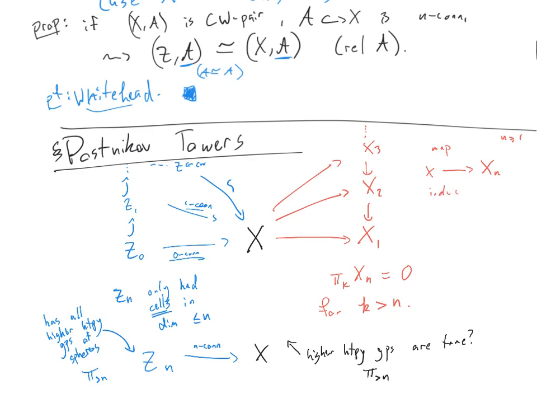So it induces pi k isomorphisms for k less than or equal to n. So it is important to note, n-connected over in the blue side, right? That means isomorphism below degree n and surjection on degree n.